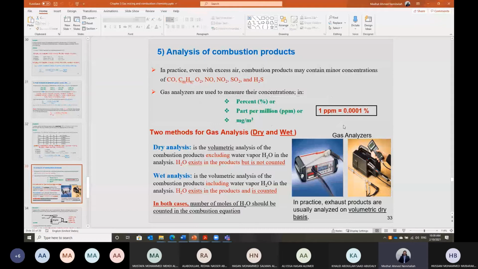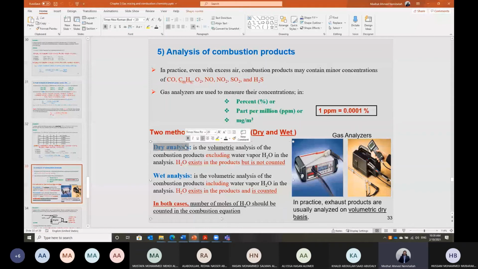So there is a technique to measure correctly the concentration of the exhaust gases. We just cool down the exhaust gases, then the water vapor will be condensed and separated, and then we can take a sample and analyze the exhaust gases. Based on this method, we call it the dry analysis.